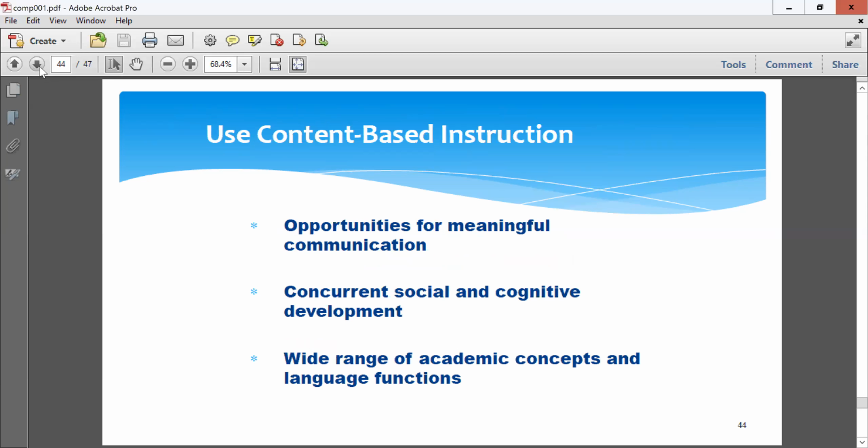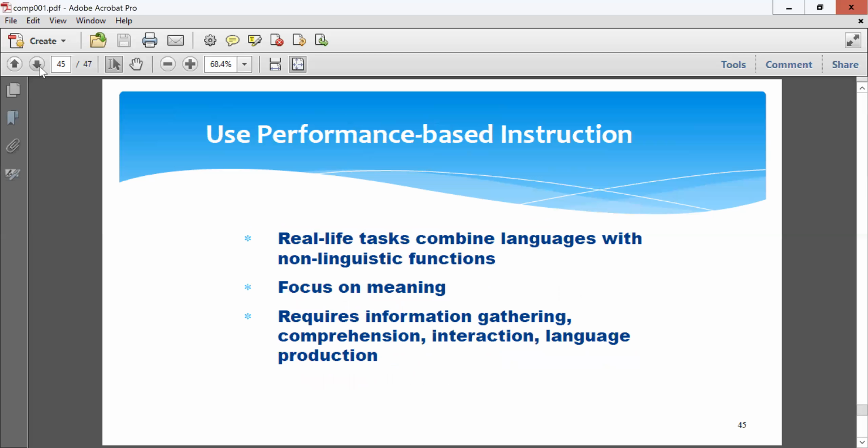So when we're teaching content, and by that I mean language arts, math, science, and social studies, we need to create opportunities that are meaningful and help students practice social and cognitive development. And that's through using language in all those domains, in all those skills.